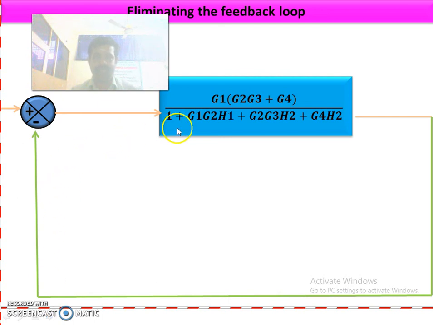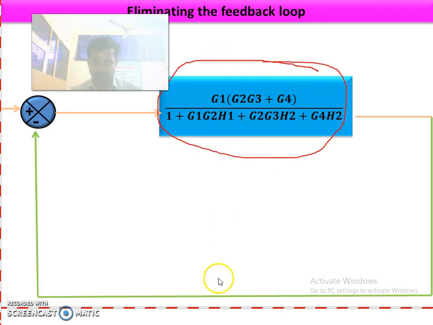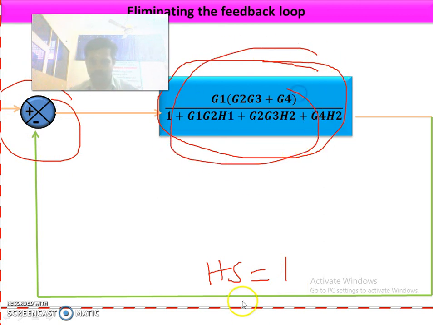So after eliminating, you will be getting another feedback path with G of s. This is the G of s, and here the H of s is equal to 1, and the summing point plus this block can be considered as a block having H of s value equal to 1. So again the type of feedback is negative feedback.